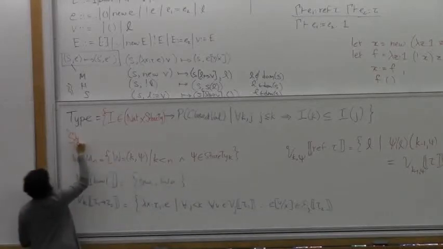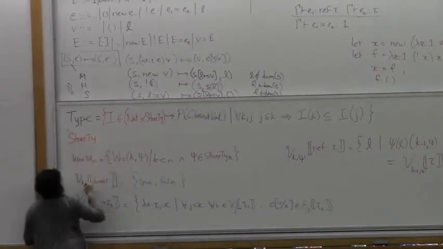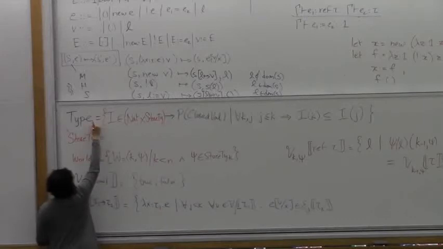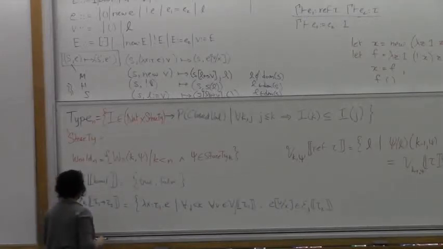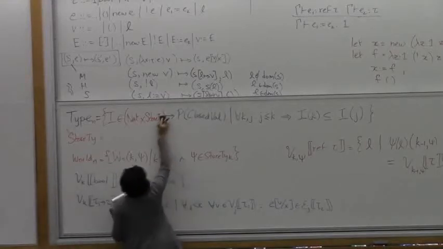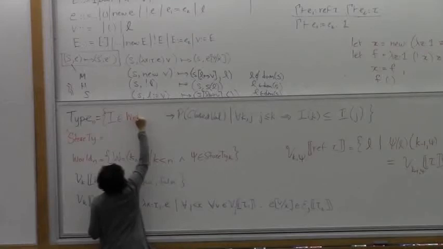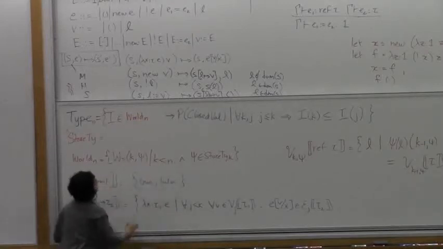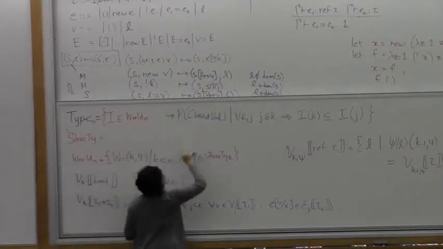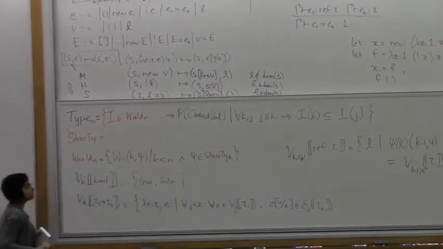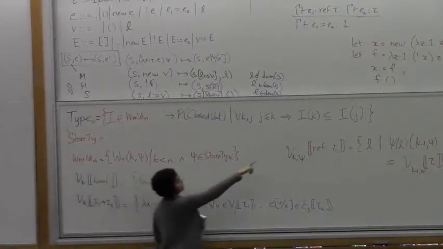What is store type? So now we want to say that type at level n is drawn from world n. So it's a mapping from worlds at level n to these sets of values. And I'll edit the rest of the definition in a second.